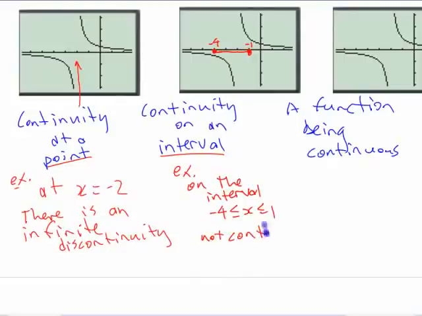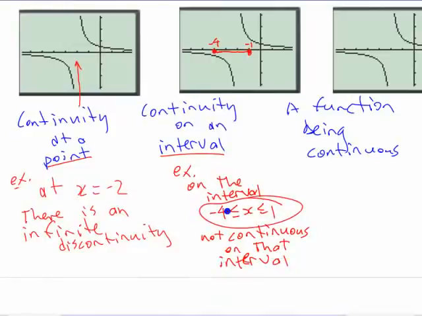Not continuous on that interval, because now you're asking whether, for all the values in that interval, it's continuous. Well, no, it's not. Even though it's not defined at negative 2, on that interval it's not continuous.